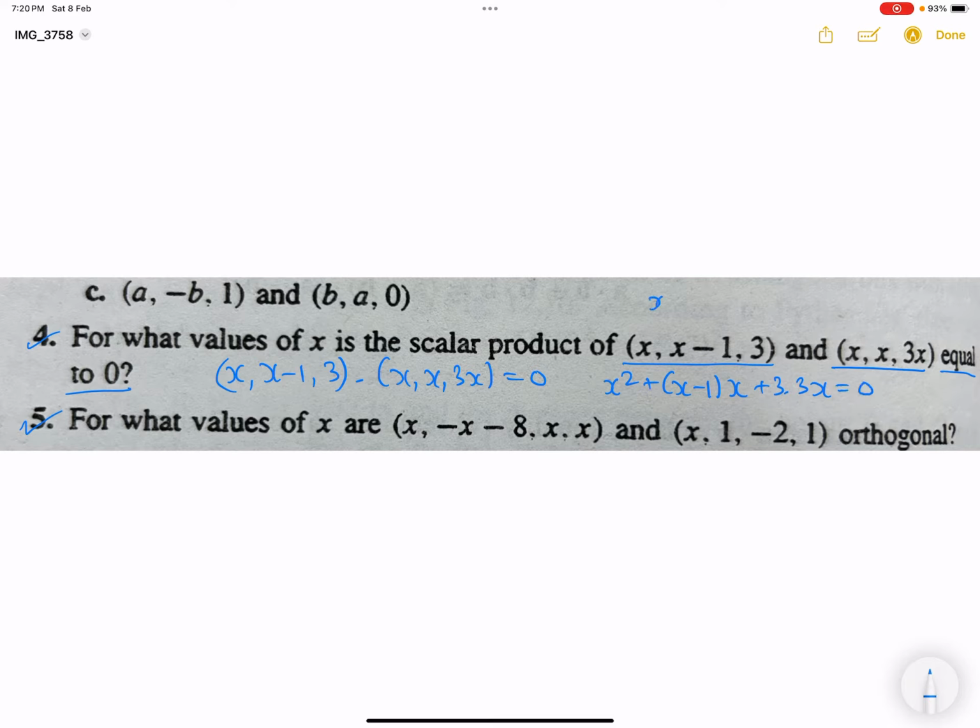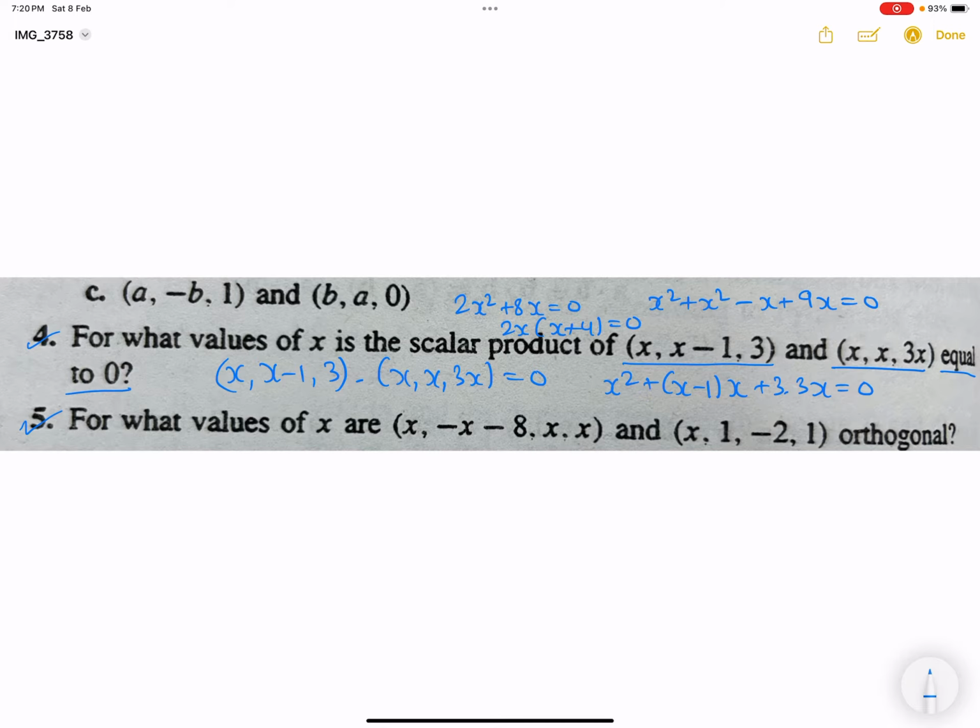So we have x square plus x square minus x plus 9x equals to 0. This gives us 2x square plus 8x equals to 0.